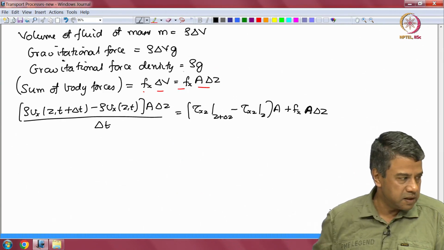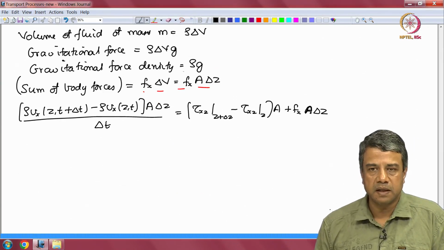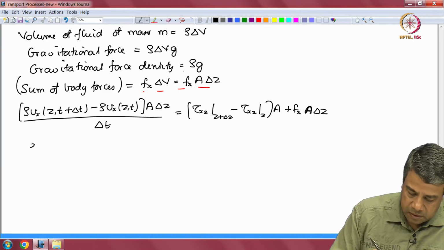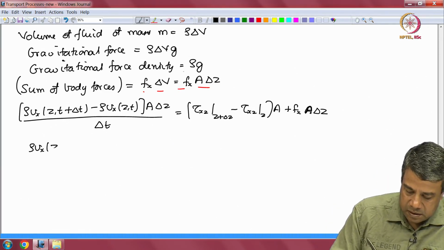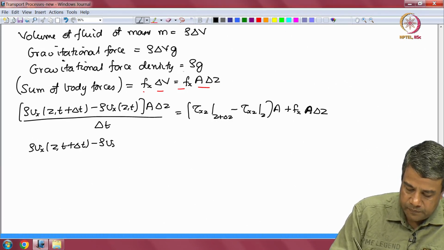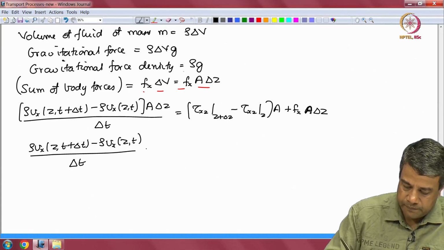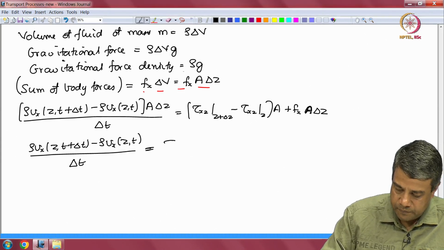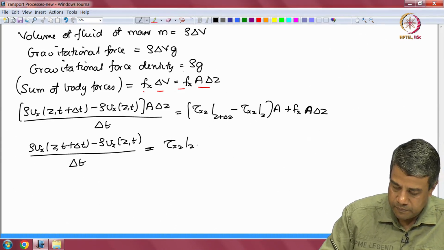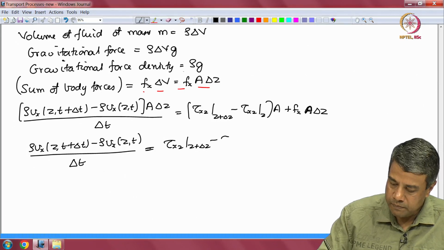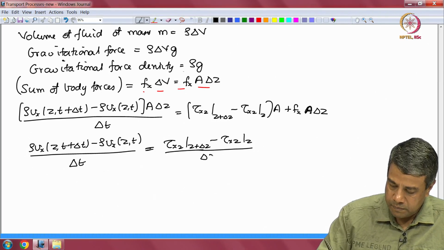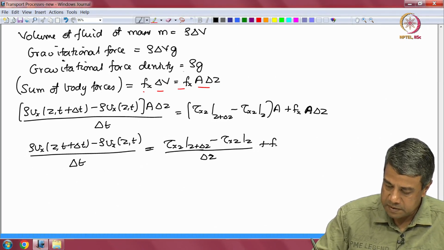In this case, we divide throughout by A delta z, the volume, plus f x.